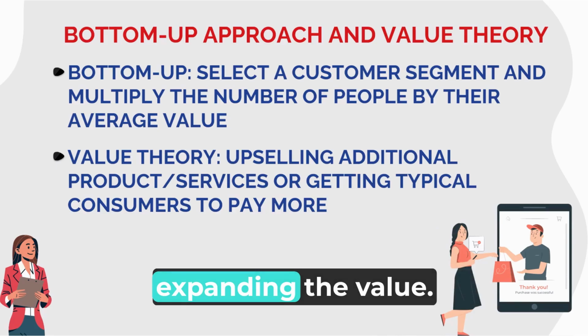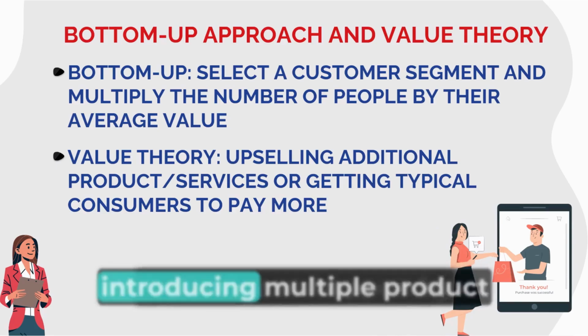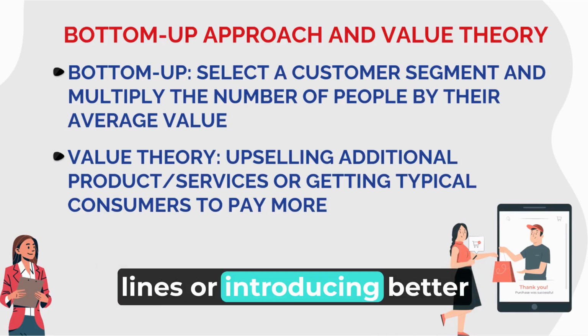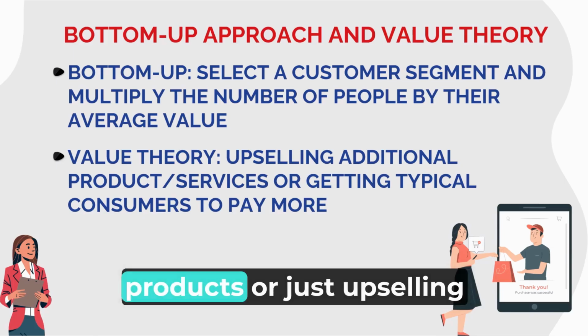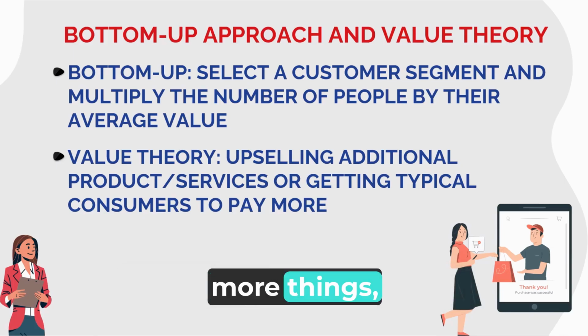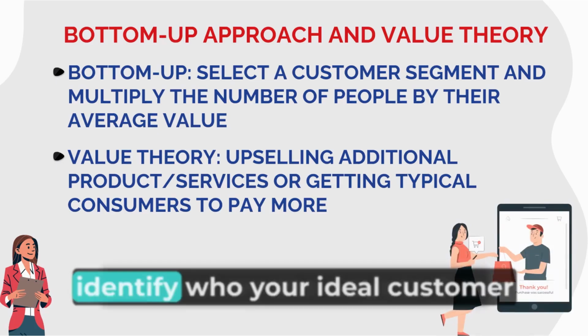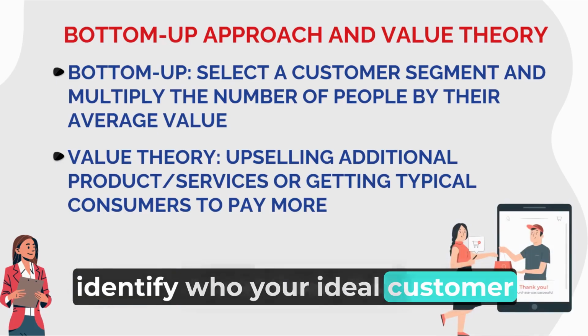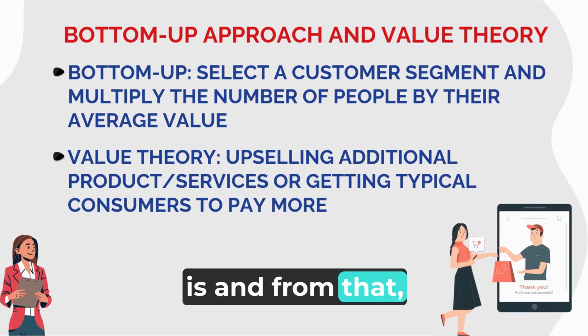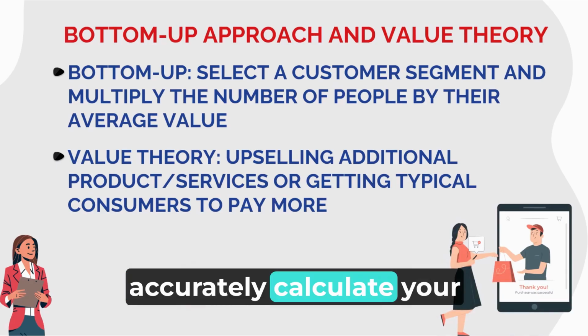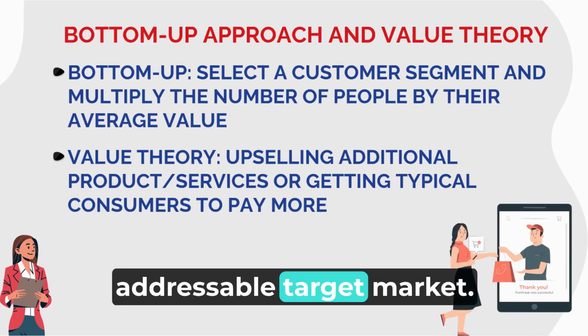This can happen by introducing multiple product lines, or better products, or just upselling more things, essentially getting customers to pay more. So these are the ways to first identify who your ideal customer is, and from that accurately calculate your addressable target market.